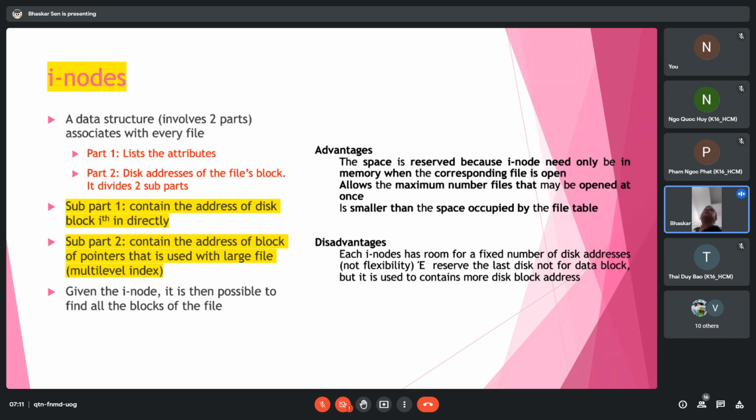One other important thing is the problem that was happening with the FAT table. We try to keep it all the time in memory, and not only for one single file, but for all the files. The FAT table contains all the details of all the disk addresses of all the files.